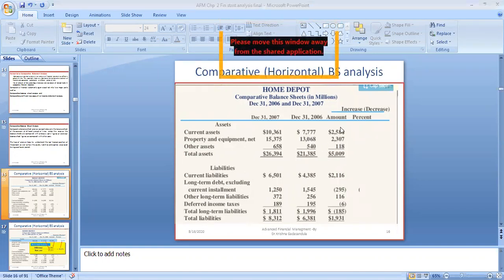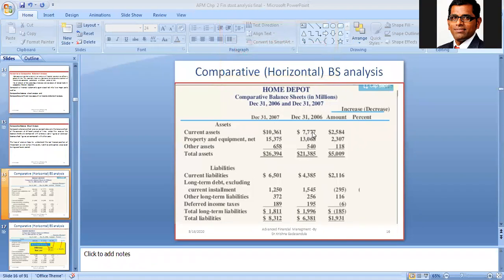So like this, there are two years' figures, and this is the difference amount. Whether the percentage is increased or decreased, how do we calculate this percentage? The amount we can calculate by deducting the 2007 amount minus the 2006 amount. By deducting, this figure will come.